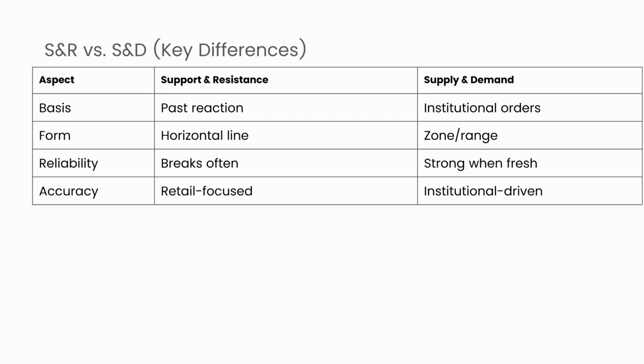So be cautious of who you are listening to, because they could be making you their liquidity in the market. But supply and demand is institutional driven. It does not matter what your broker wants to do. If you know how to trade supply and demand, these levels are going to be respected. So whether your broker likes it or not, you're going to make money out of the market.